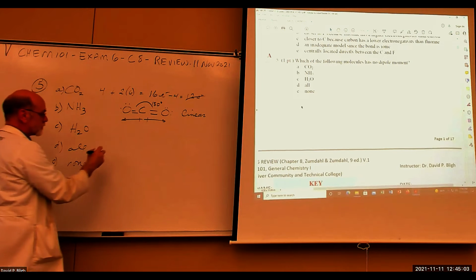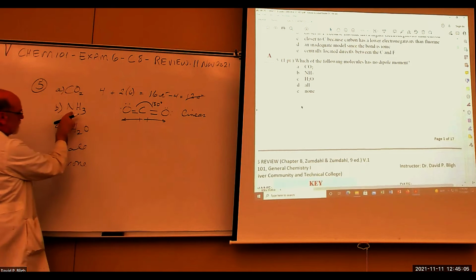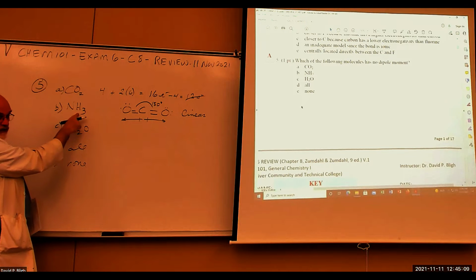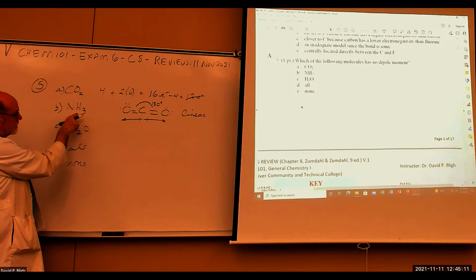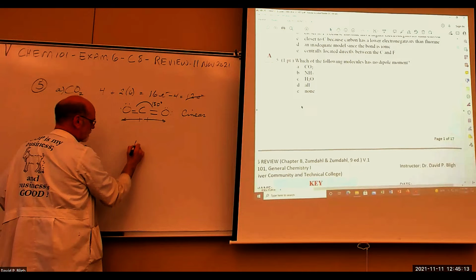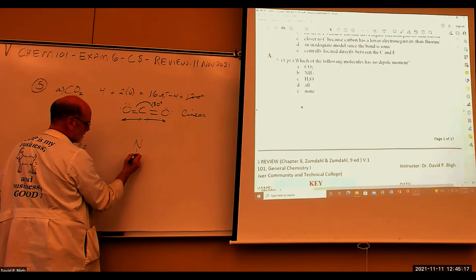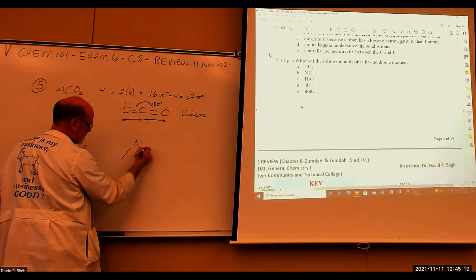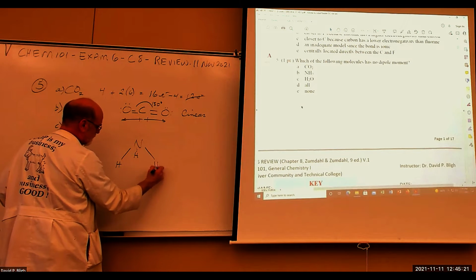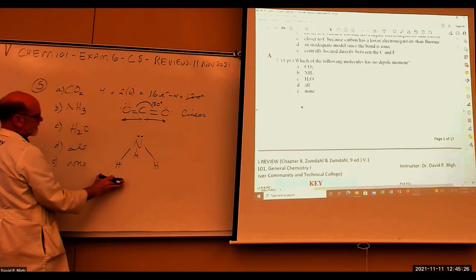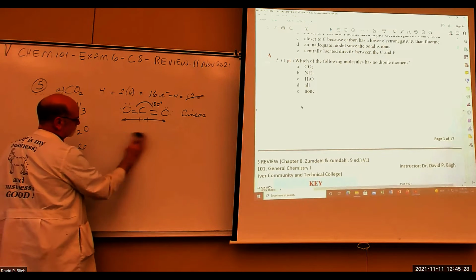Okay, so if we draw ammonia, nitrogen has 5 valence electrons, hydrogen contributes 3, 1 each. So 5 and 3 is 8. Well, actually, I'm getting ahead of myself.